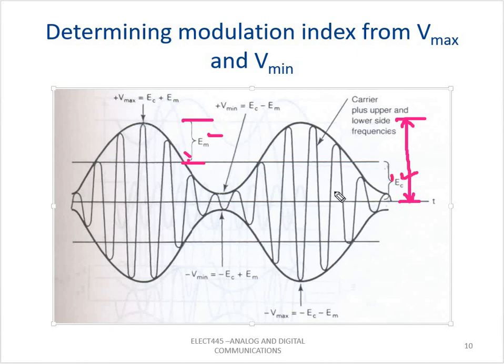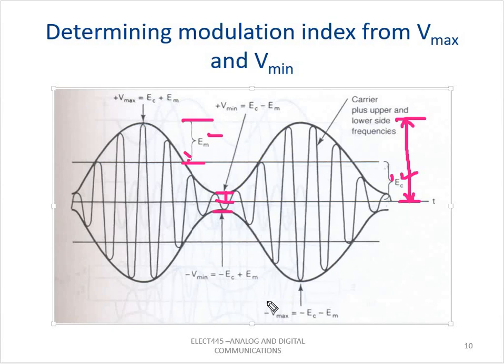So the difference between EC and EM gives us Vmin. From this place to this place we are getting Vmin. Otherwise, if you are getting the values, you can calculate and you will be getting plus Vmax and plus Vmin.